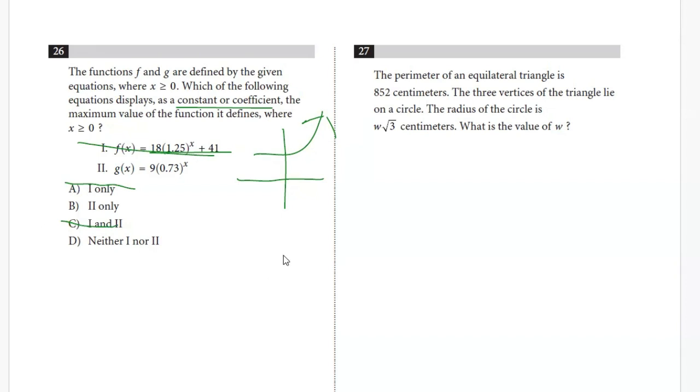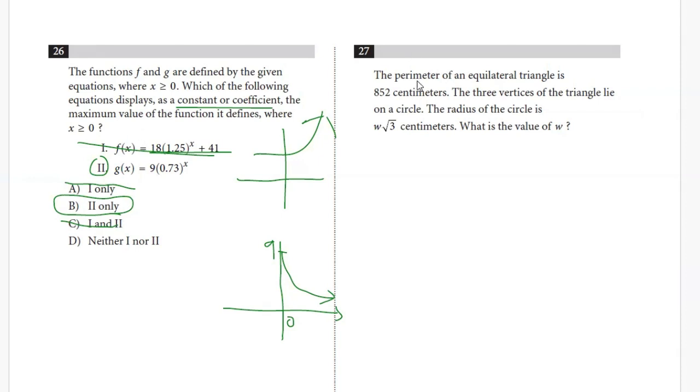So A and C are wrong. For number two, this is a decreasing exponential function. So we can tell that 9 is the maximum value here, because if I put x equal to 0, it becomes 9. So only 2. So B as in boy is correct for 26.